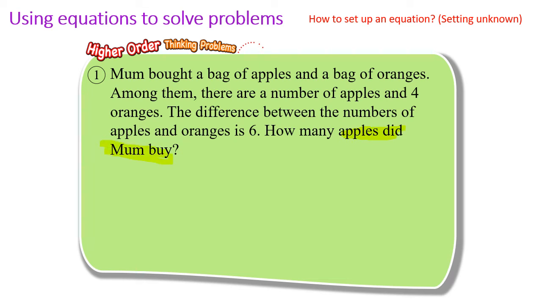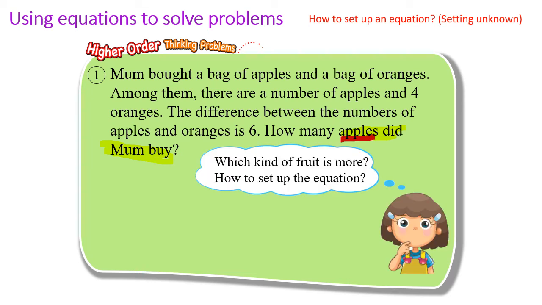So if you want to set the equation, you have to set it for the number of apples. Which means you have to let, for example, x be the number of apples mom buys. You have to set this one first because it comes from the question.